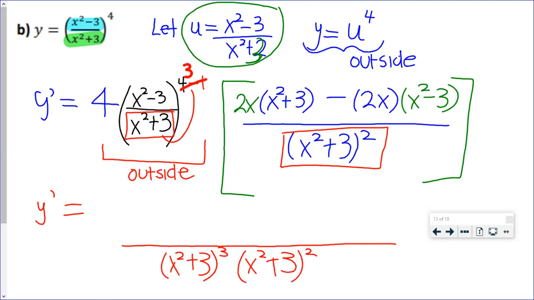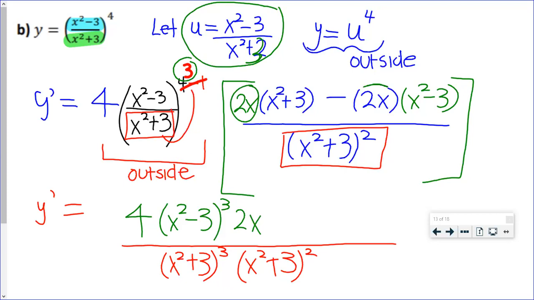Okay, now I'm going to write everything in my numerator. So I have 4. I have x squared minus 3 to the power of 3. I have this 2x over here. I have 2x times. Now notice I can simplify this.